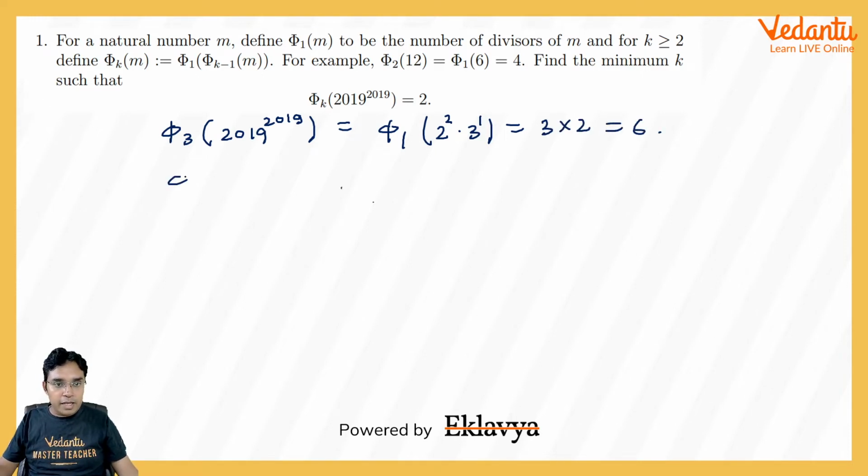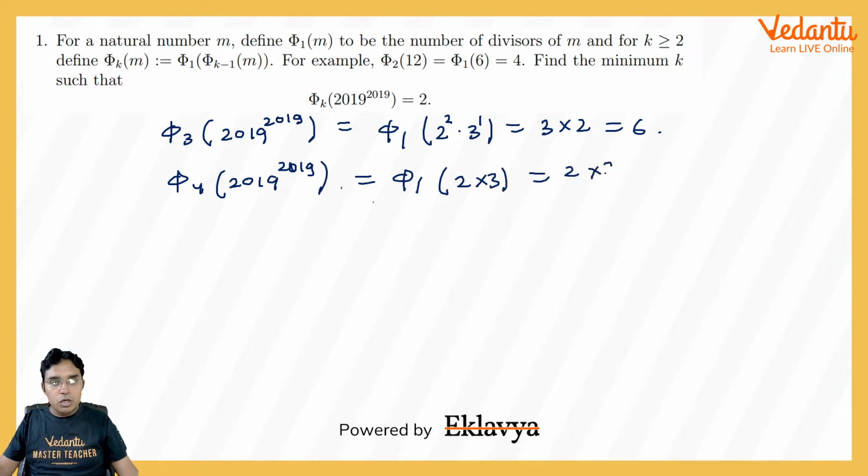Now once again, if we repeat this on 2019 power 2019, phi 4 will be phi 1 of phi 3 of this, and phi 3 of this is 6, which is 2 into 3, and I can write this as 2 into 2. So again we are not getting 2, but 4 is 2 power 2.